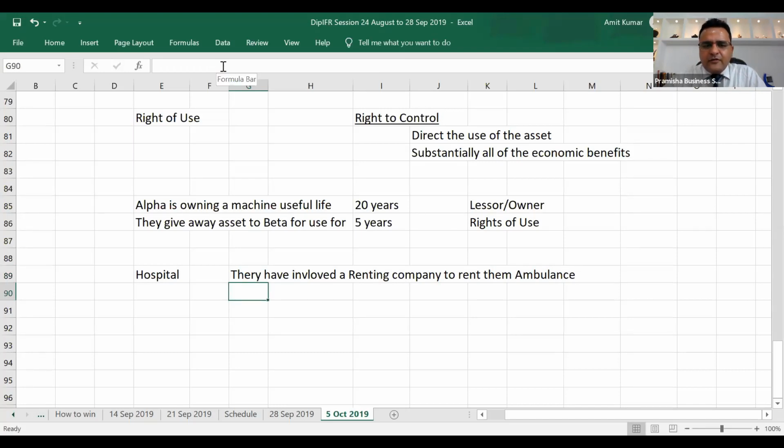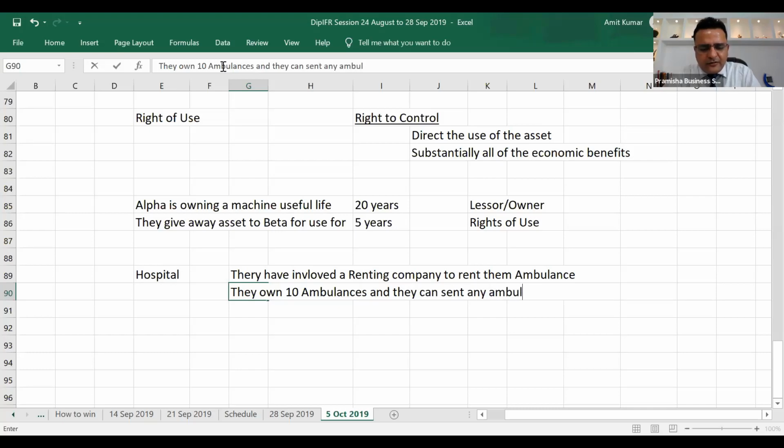Now, whenever this hospital requires an ambulance, this renting company can send any ambulance they own, out of 10 ambulances, any ambulance out of the 10 they own, for use of the hospital on demand.